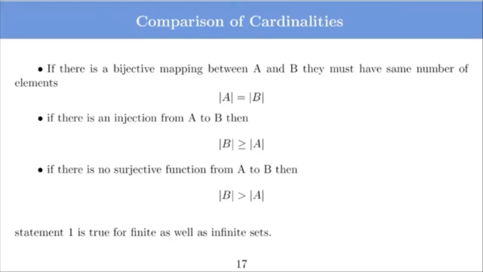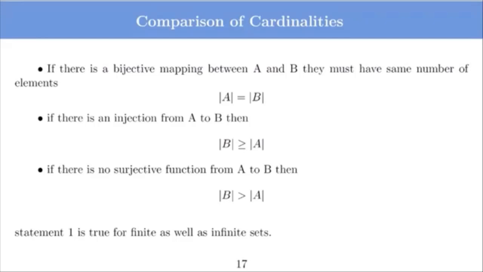Now, if we say there is no surjective function from A to B, it means you are not able to find any function f which can cover every element in B from A, right? It means B needs to have more elements than A. If they are equal, then of course you can find a one-to-one map, and that will of course be surjective also.